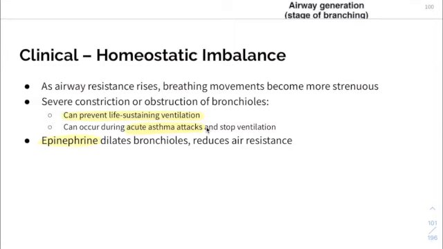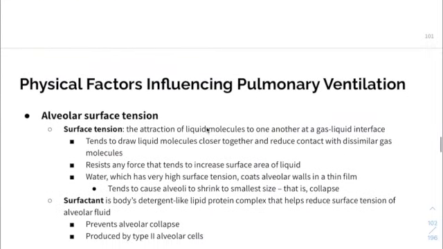That's what air resistance is talking about. The larger the area for the air to flow, the easier it is to breathe. The harder it is for air to get through somewhere, the less you're going to be able to breathe.